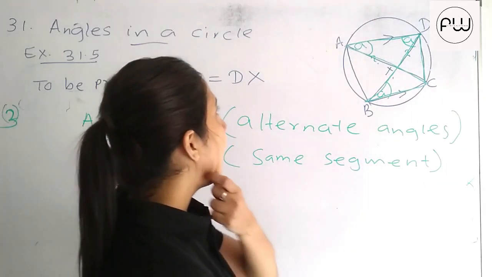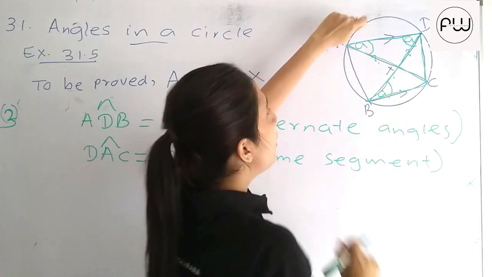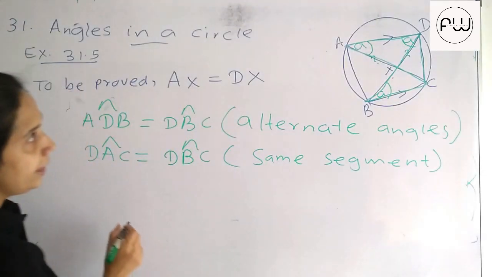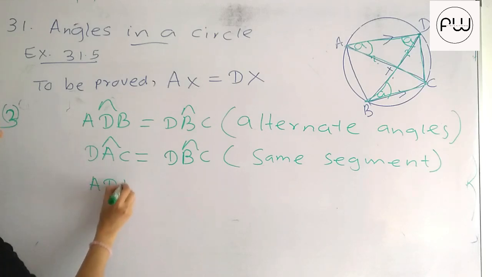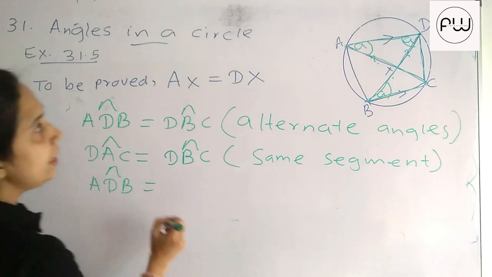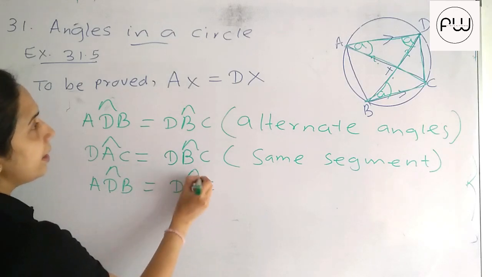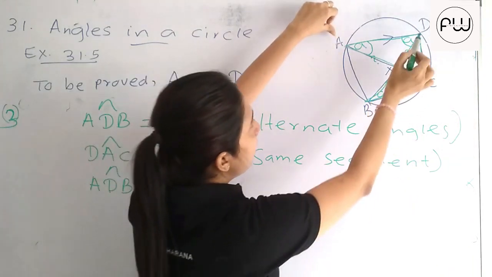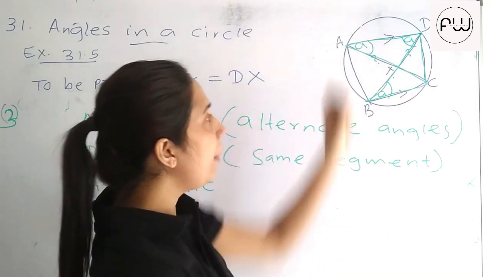Angles in the same segment. Now we can clearly see these two angles are equal. Then we can write angle ADB equal to angle BAC. Then if we consider this triangle, triangle ADX, what happened?